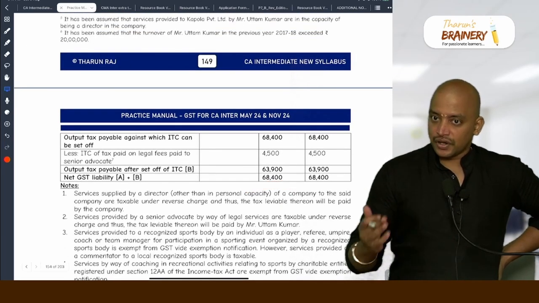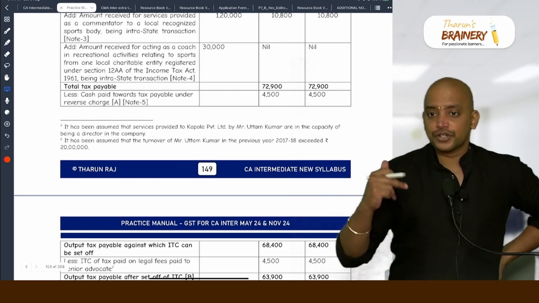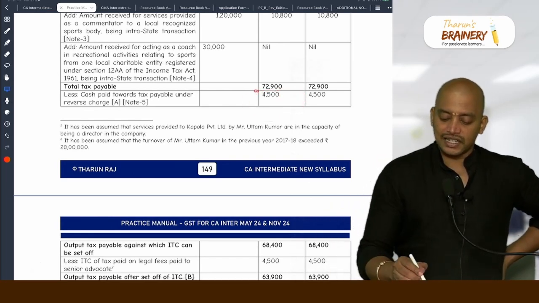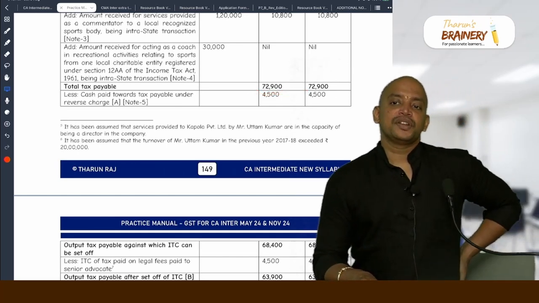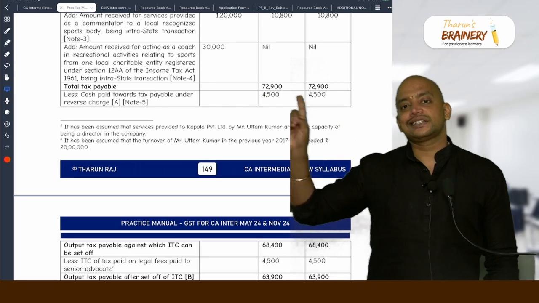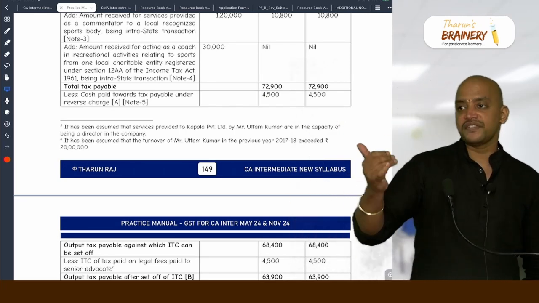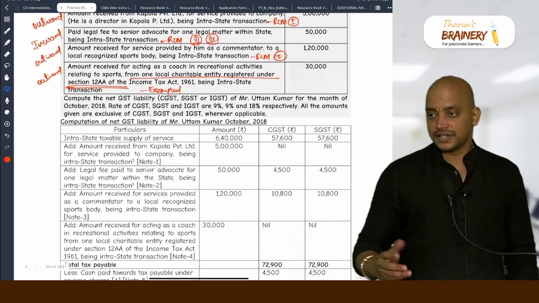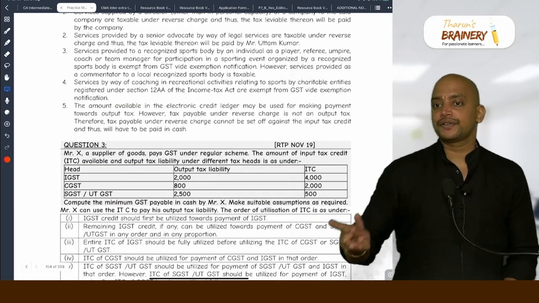That is 68,400, plus RCM also you need to pay anyhow. What is the RCM liability? 4,500. That is nothing but 72,900. Whatever we pay, that only we take as ITC and adjust against the FCM liability, just like the previous question. But in this we have a few extra transactions. Any doubt in these two questions?